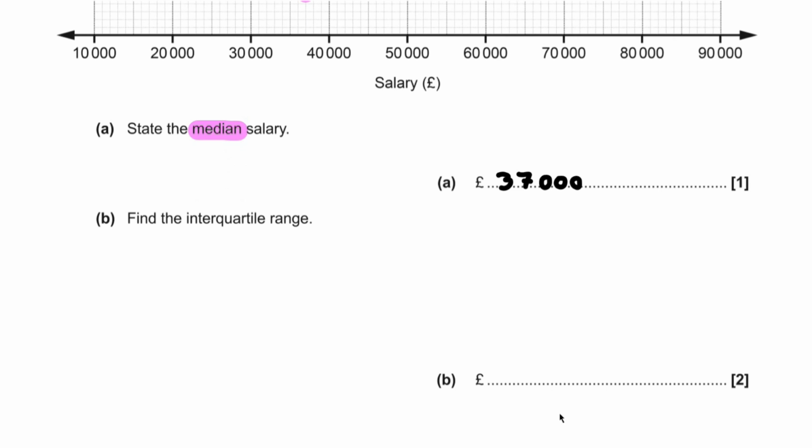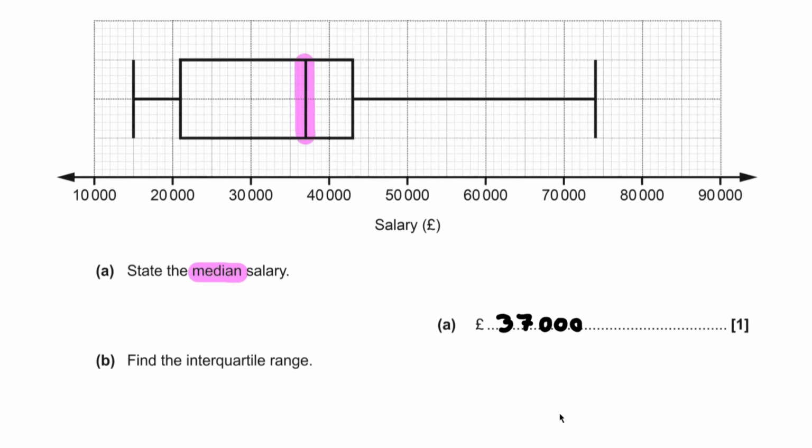Part B, we have to find the interquartile range. The interquartile range is the upper quartile subtract the lower quartile. So the interquartile range is the upper quartile, which is this value, subtract the lower quartile, which is this value.